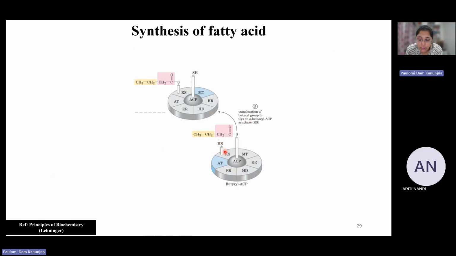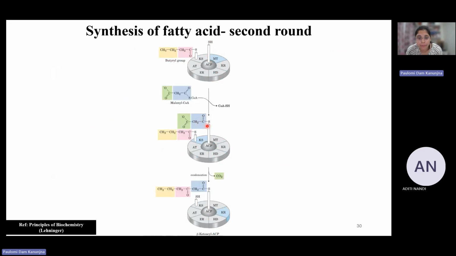From this, it moves to the KS, and this remains free, where you have the incoming malonyl coenzyme A. This is what you need to remember very briefly. 2 points of attachment: acetyl coenzyme A and malonyl coenzyme A, forming the first 4 carbons on the acyl carrier protein SH group. Then it is transferred to the other part, and the subsequent formation of fatty acid is by malonyl coenzyme A.